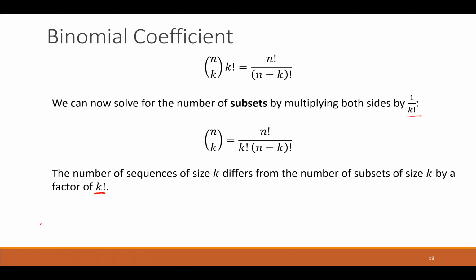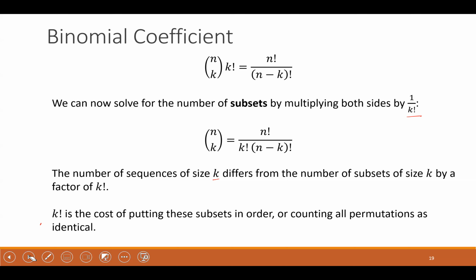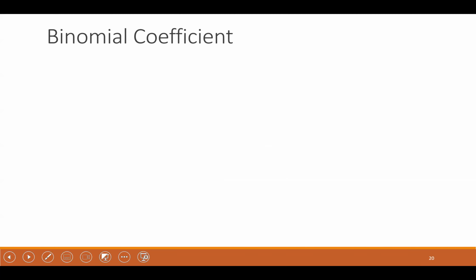So if I have a set of size k and it's out of order, but I want to arrange them in some sort of order, then that's a factor of k factorial. Anyway, we'll look at more examples like that in a sec. K factorial is the cost of putting subsets in order, or taking permutations and making them identical. I would divide by k factorial. Okay.